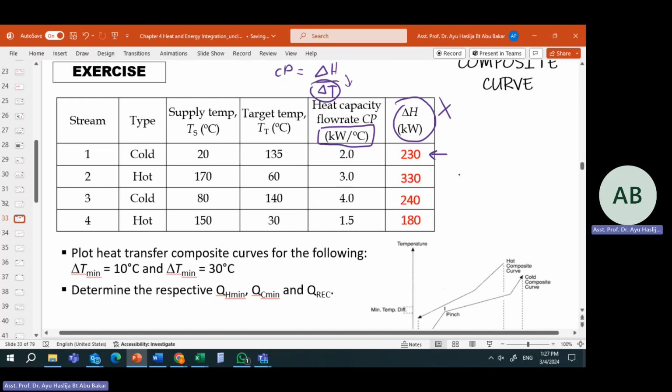So if it is not given, you can find it from the CP value multiplied by the delta T. So CP multiplied by 135 minus 20. You get the same.